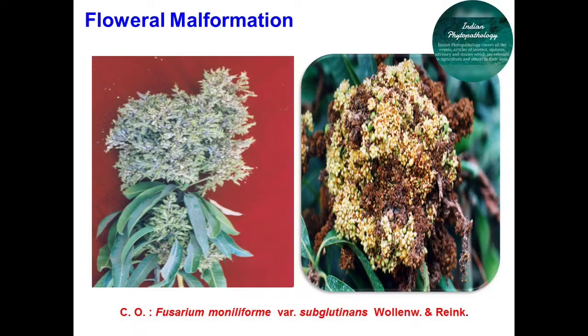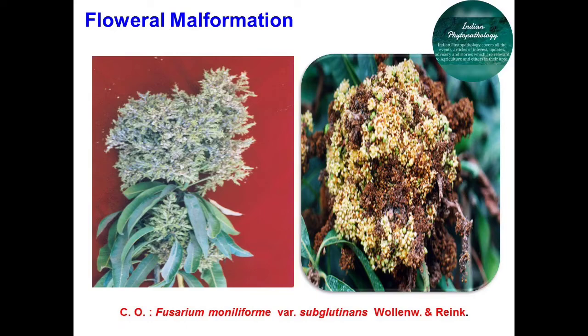Malformed panicles give a leafy appearance. Malformed heads dry up into black masses and there is no fruit formation in such malformed panicles. If formed, the fruits are undersized, unripe or misshapen. So these are the particular marks of identification of floral malformation.